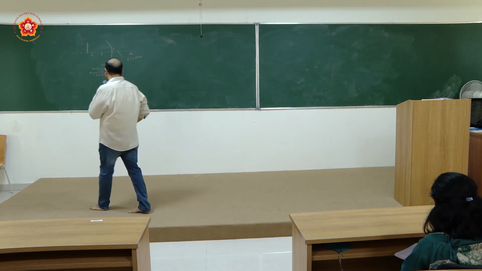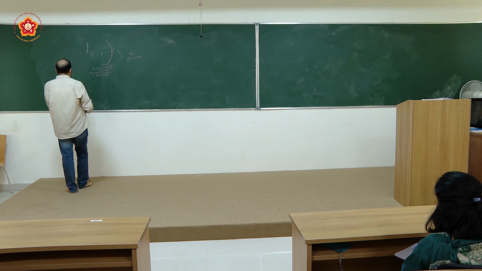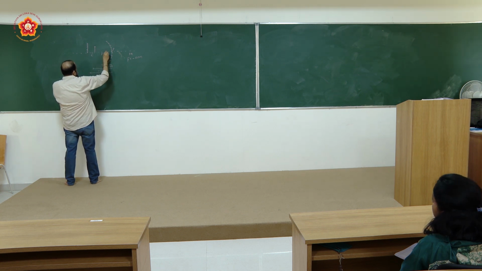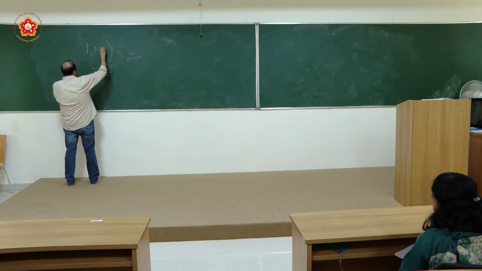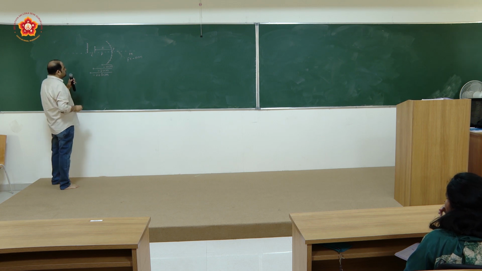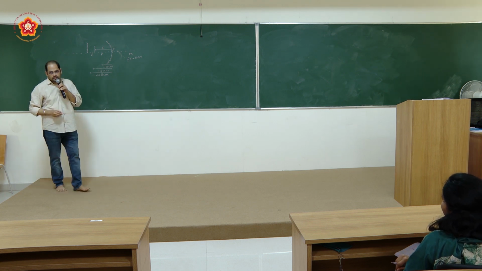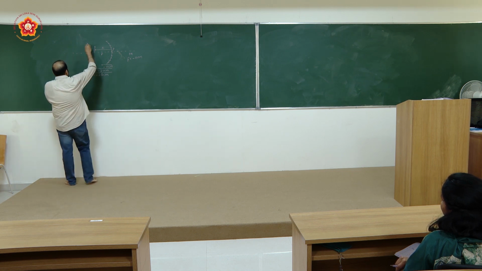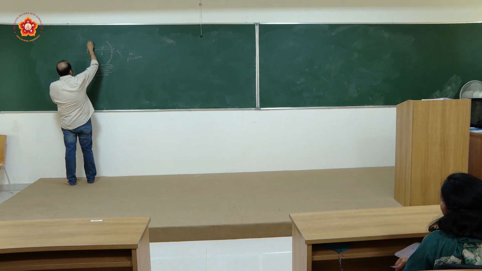So if I want to place the object somewhere in between, suppose I am putting the object here, and I call this distance from here to here as x, because object distance will be always taken from the pole.